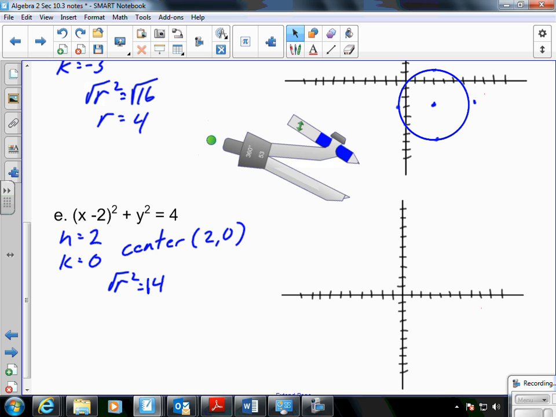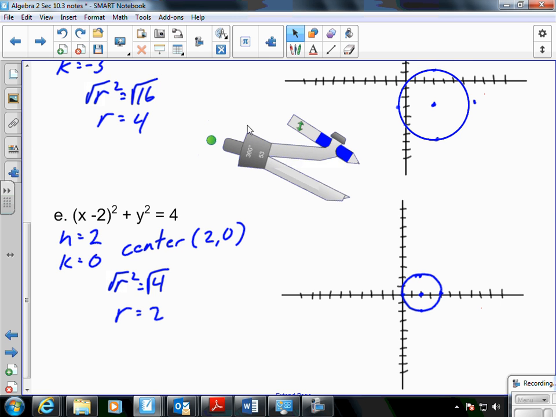So take the square root of both sides. Our radius equals 2. So I'm starting at point 2, 0 and going 2 in each direction. This is going to be a small circle. So if I freehand it, something like that.